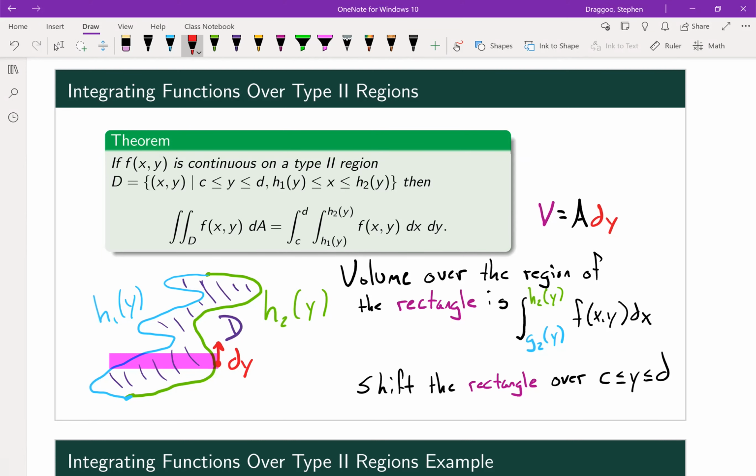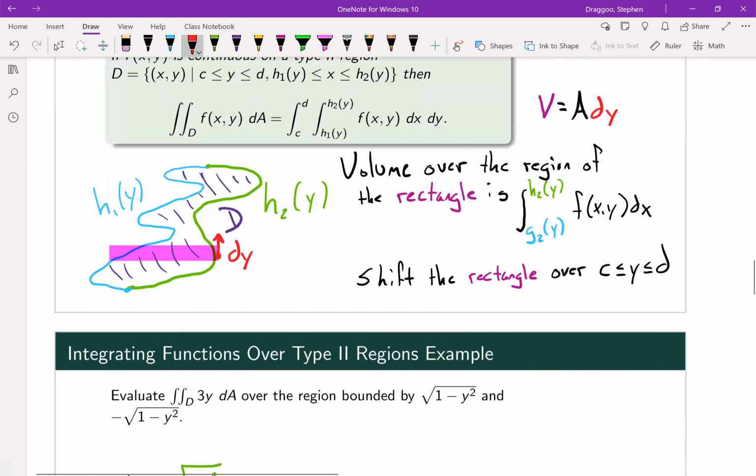So just an infinitesimal length in the y direction, which means I think it shares more properties with an area than it does with a volume, and then it's only going to gain volume as we pass it over all possible y values between c and d.